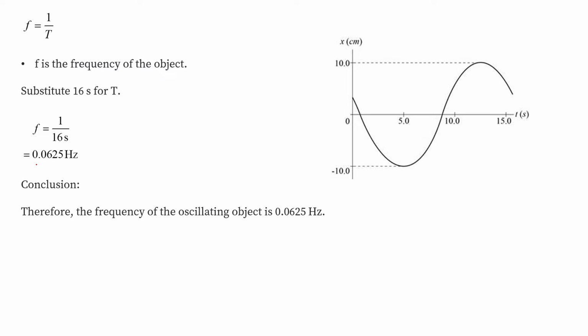That comes out to be 0.0625 hertz. Here we can write seconds to the power minus 1 as hertz. So the frequency of oscillation is 0.0625 hertz.